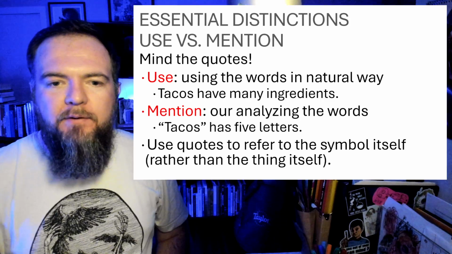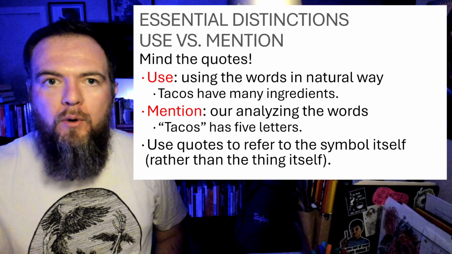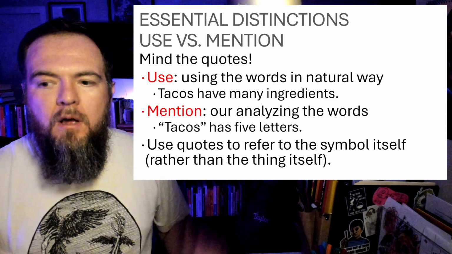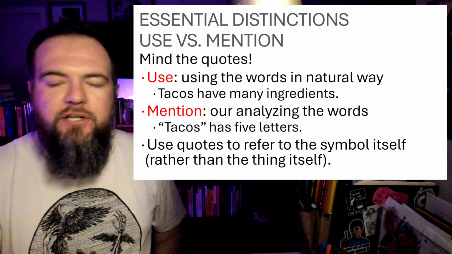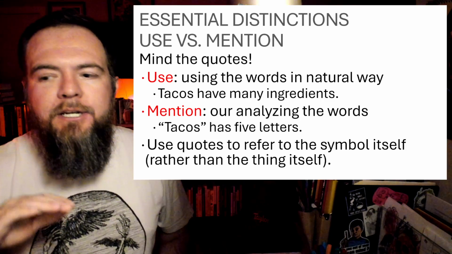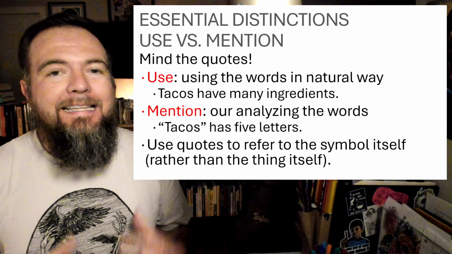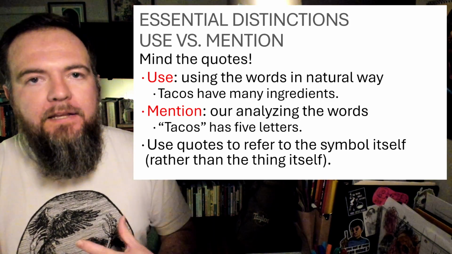So if you look at the difference between those 2 sentences, between use and mention, in the use, there are no quotations because you're just using it like normal. But in the mention, I've put quotation marks around "tacos" to emphasize that I'm talking about the word, not about the object. So we can use quotes to refer to the symbol rather than the thing itself.